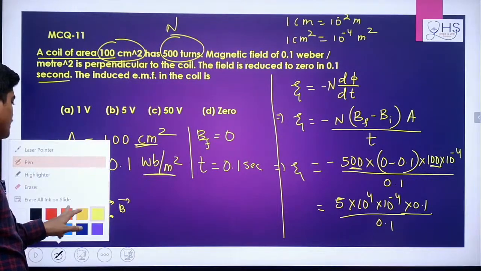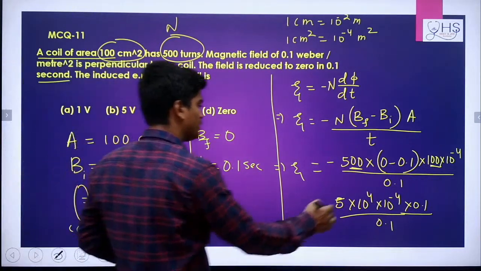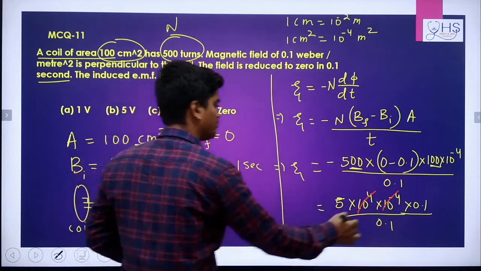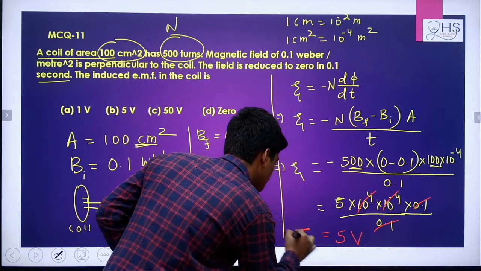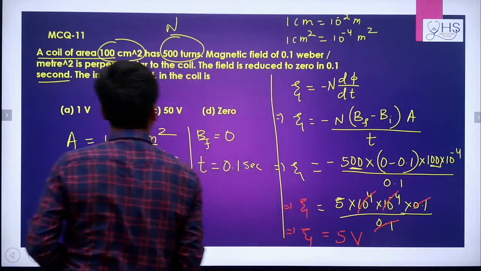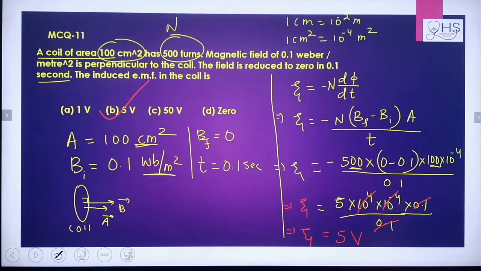So now you can cancel and you can get the answer. This will get cancelled and 0.1 will get cancelled. So the answer is 5 volt. So EMF is coming how much? 5 volt. So check, the answer is option B.